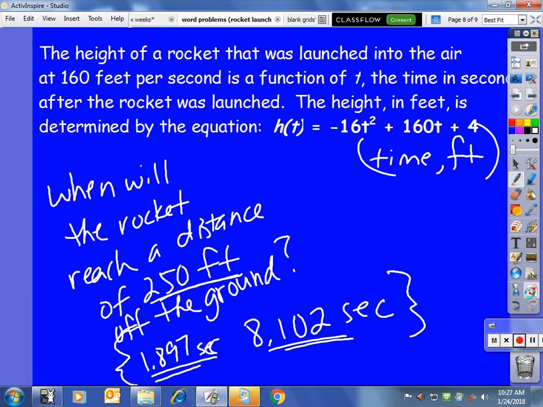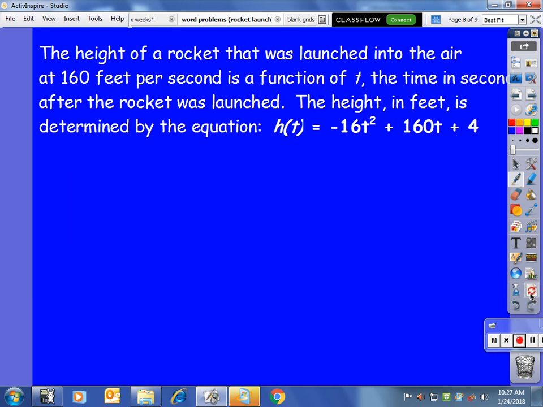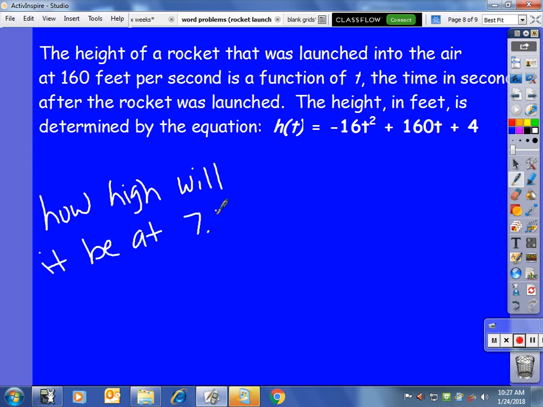Okay, here's another question you might see. How high will the rocket be at 7.3 seconds? What am I giving you there? I'm giving you an X and asking you for a Y. I'm giving you a time and asking you for a height.